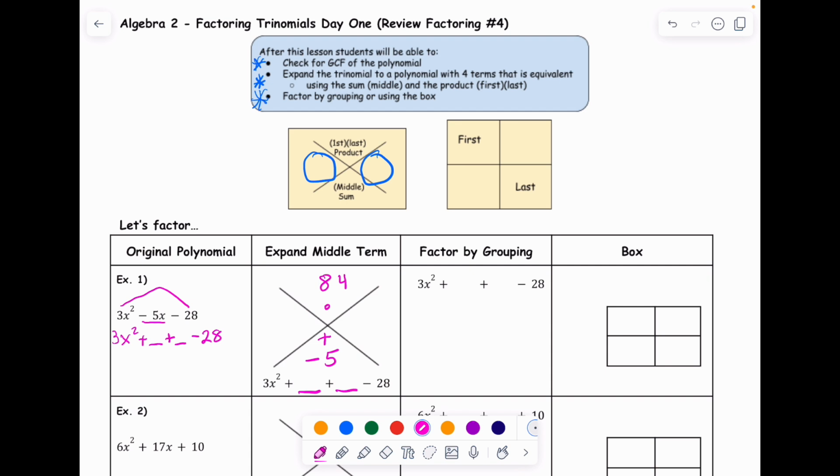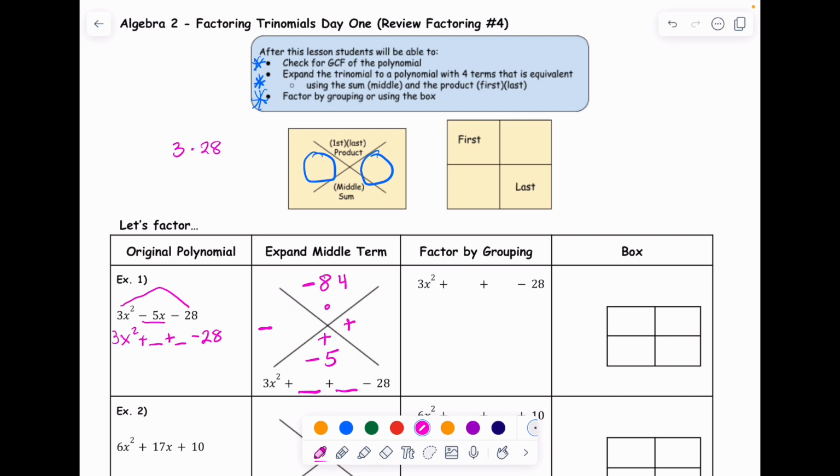Well, this is negative 84. So if I'm negative and I'm multiplying, it means I have to have one positive and one negative. Well, I don't know about you, but 84 isn't like the most perfect number that I know right off the bat. And that's why I was getting back to the fact that you could have left it as 3 times 28 and then kept going, because 28 minus 3 is not 5.